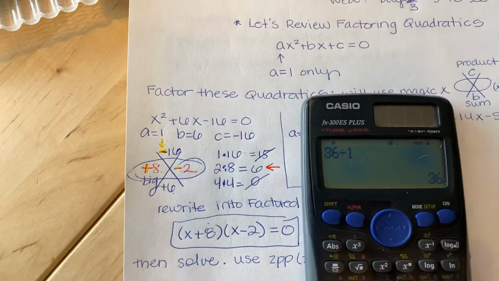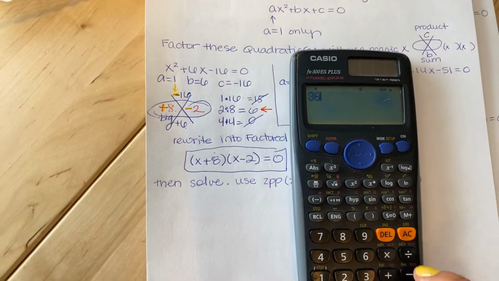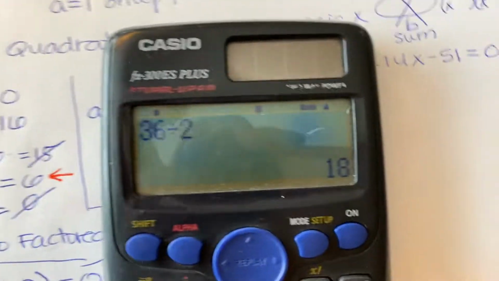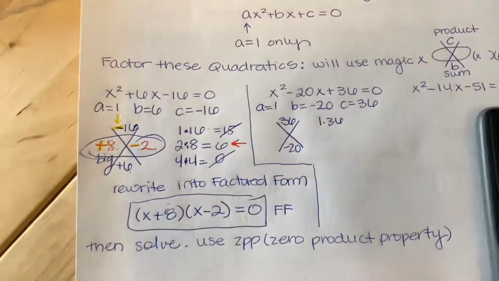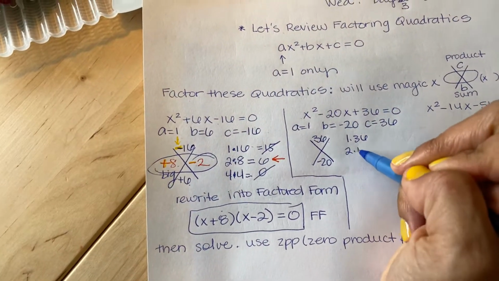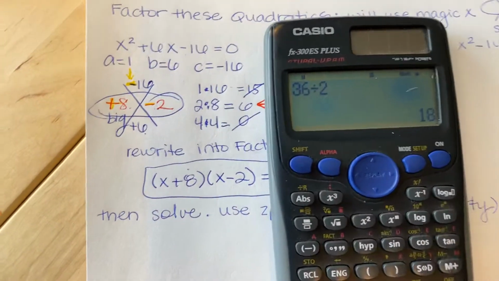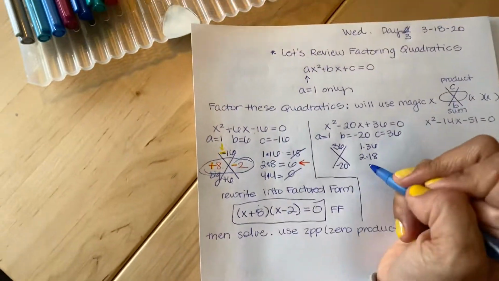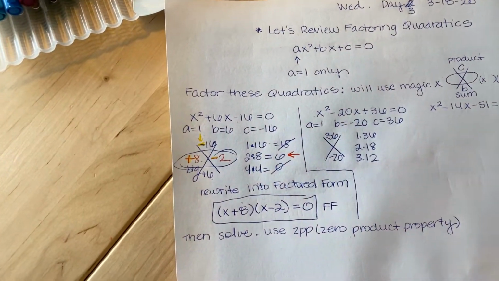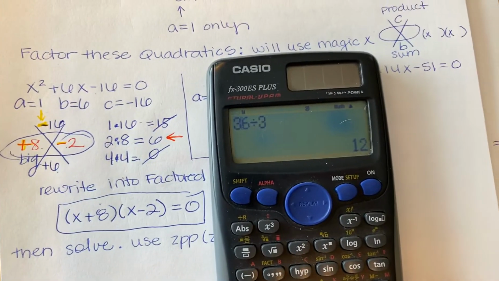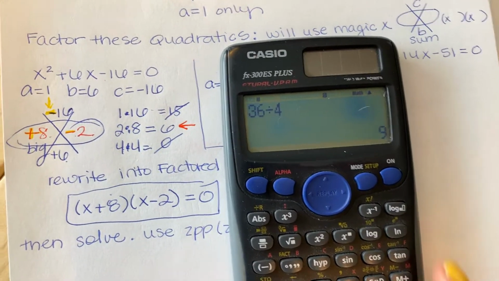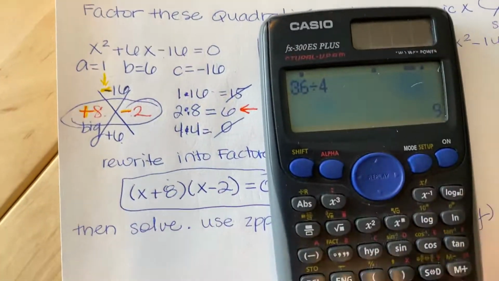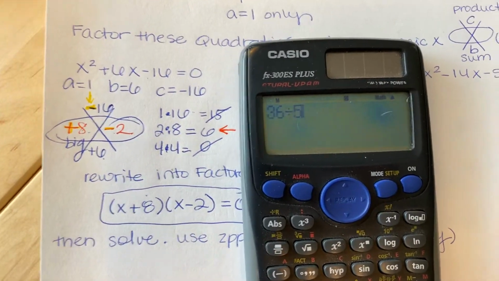1 times 36. Okay, what is 36 divided by 2? 18, right? 2 times 18 gives you the product 36. What is 36 divided by 3? 3 times 12. What is 36 divided by 4? 9. 4 times 9. 36 divided by 5, right?